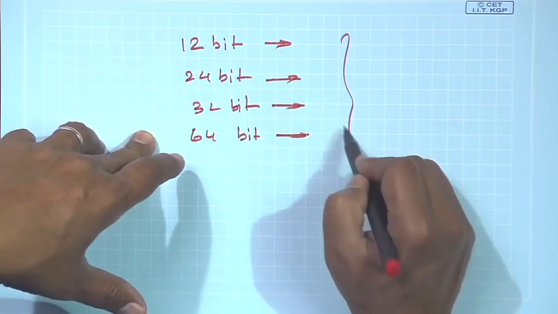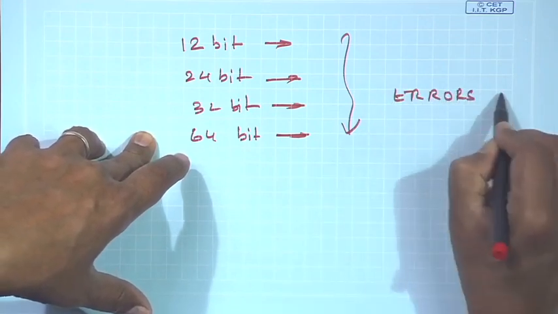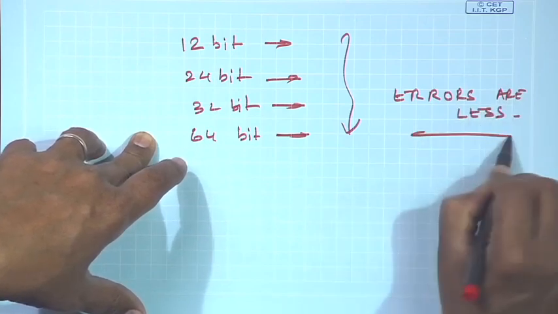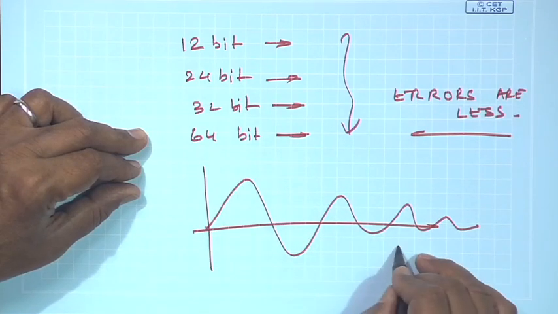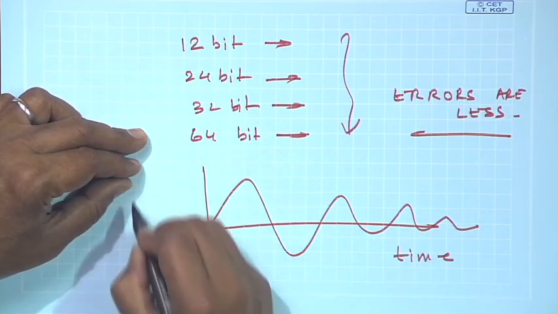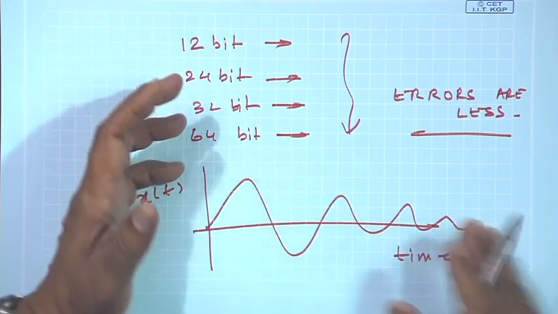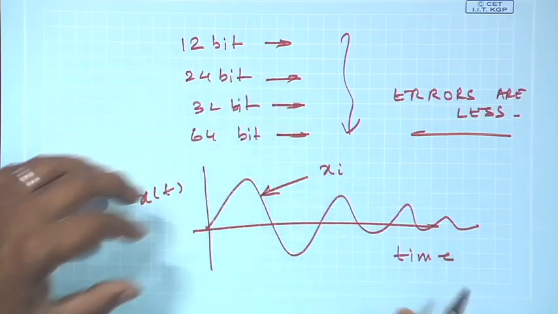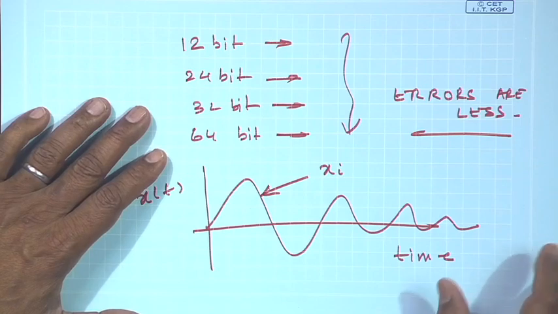Your errors will be less as you increase the bit size, because my objective is to faithfully represent my machine signal. Whatever I do, I need to get back my original signal after the data acquisition system, and this is known as Xi. Okay. This is one case we have to consider.